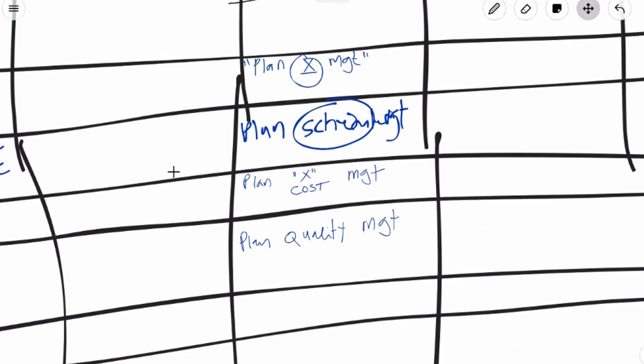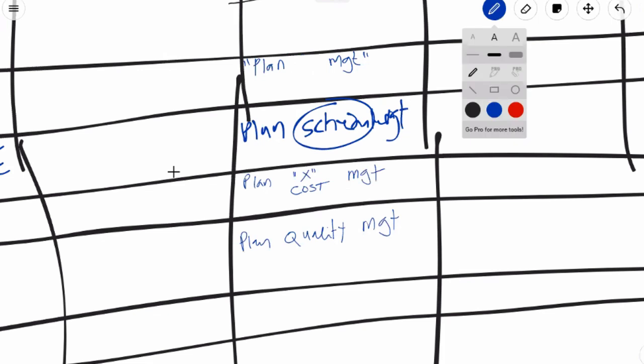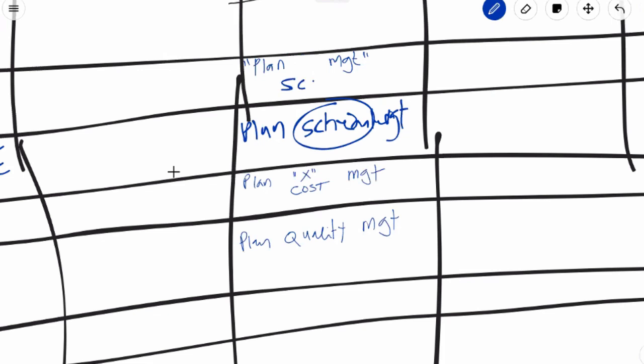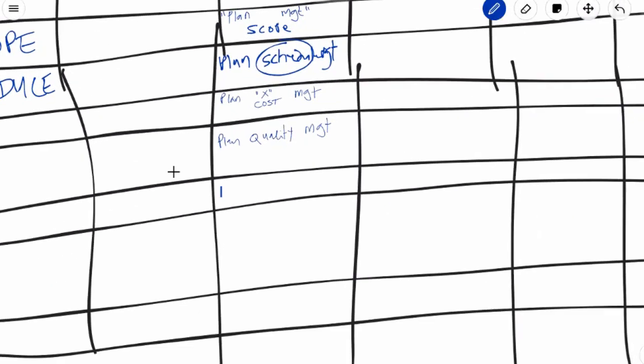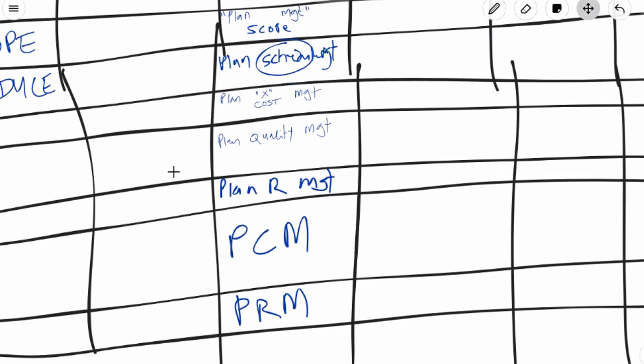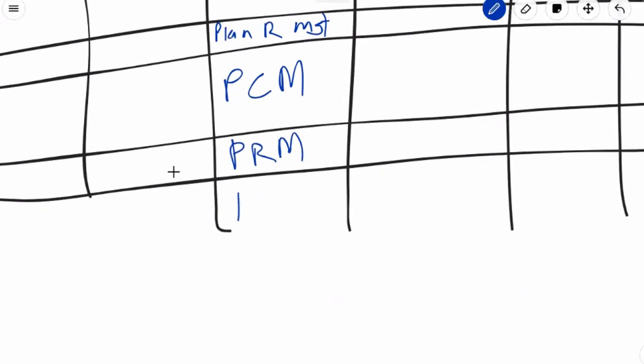You see? So in this first one, scope. So think about it. If you can get these down, okay, plan resource management, plan communications management, plan risk management, plan procurement management.